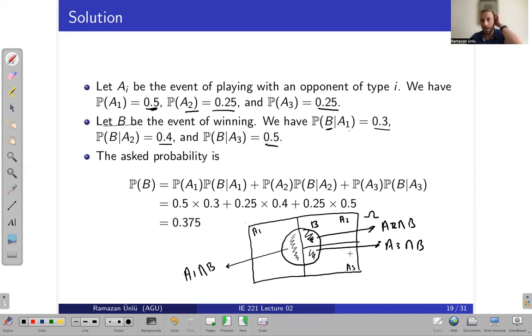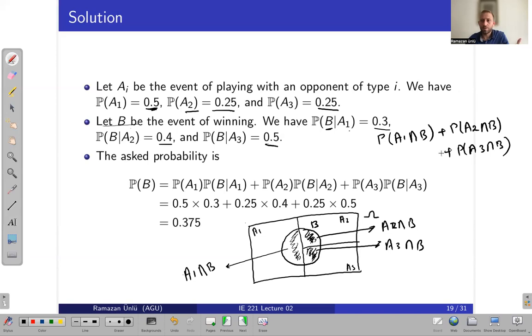So I need to calculate the total probability, which means the sum of these parts. So I can simply write the probability of A1 intersect B plus the probability of A2 intersect B plus the probability of A3 intersect B.